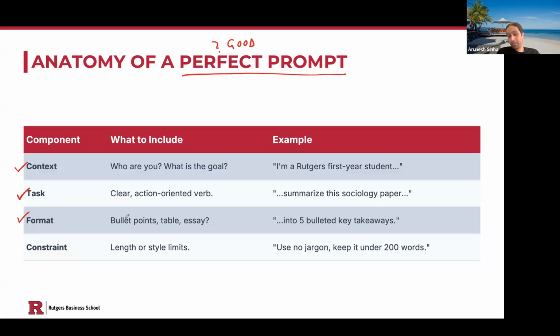Do you want a table? Do you want the HTML directly as output? If any of you write in LaTeX, do you want LaTeX directly as output? So you should specify the format, and then of course the constraints, either on the length or on the style and so on. These are things that you should always have, irrespective of whatever prompt you are making.